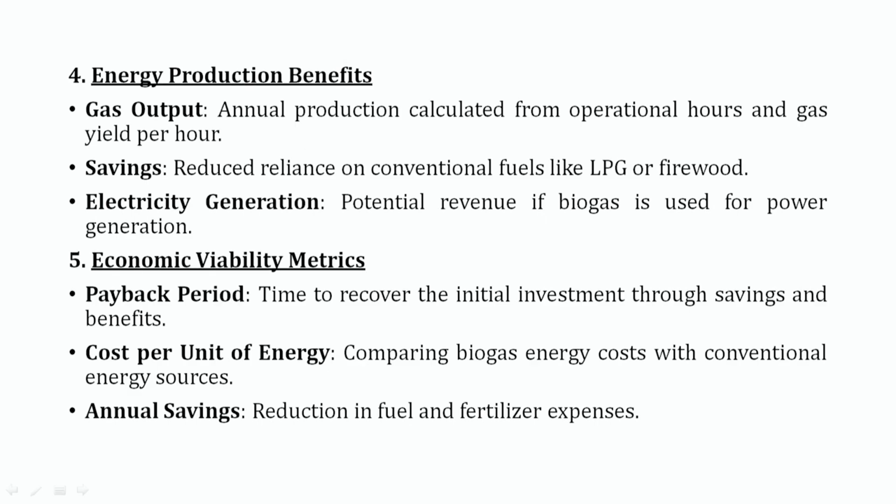Then we are getting some output in the form of gas output and some saving, and thereafter electricity generation out of that gas. Then we will be calculating the economic viability metrics, with the payback period and cost per unit of energy, and thereafter the annual saving.